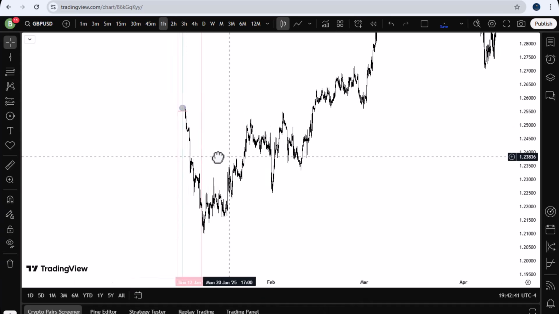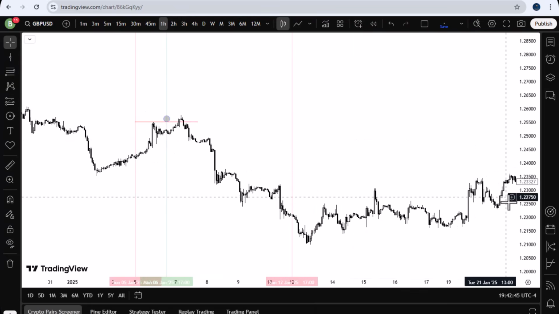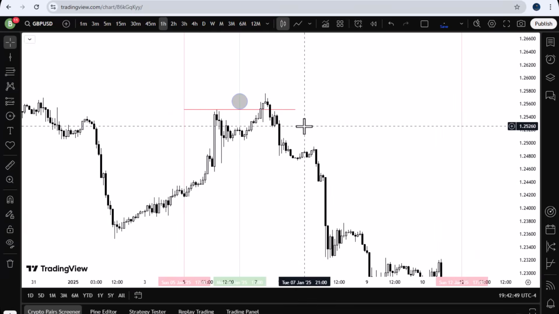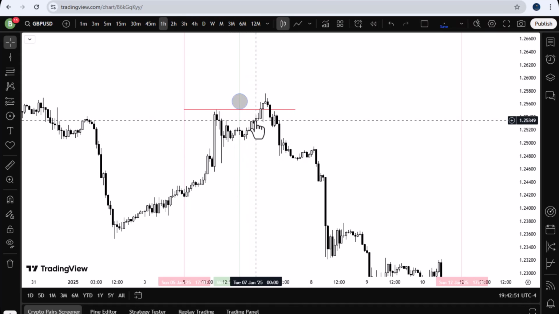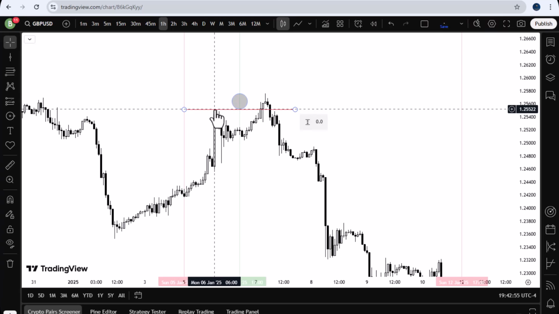1 hour. Then you can see it yourself. Price is trading higher to manipulate this high. At the same time, they are looking for what? Order pairing. What is order pairing?